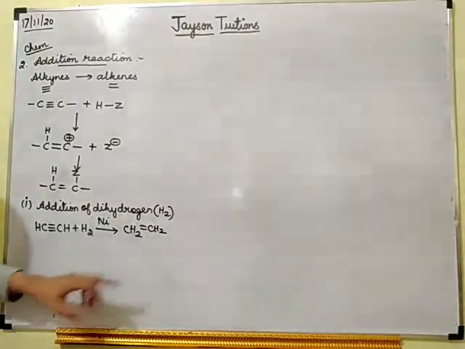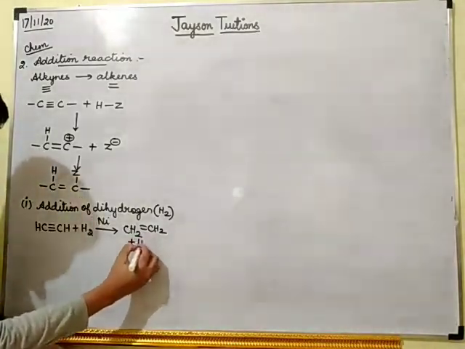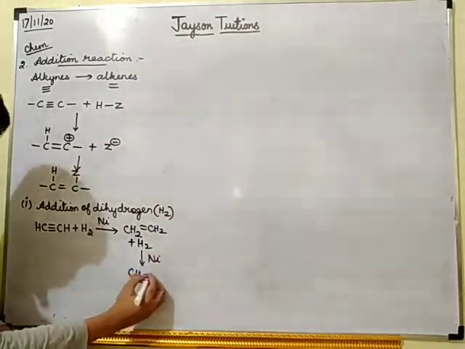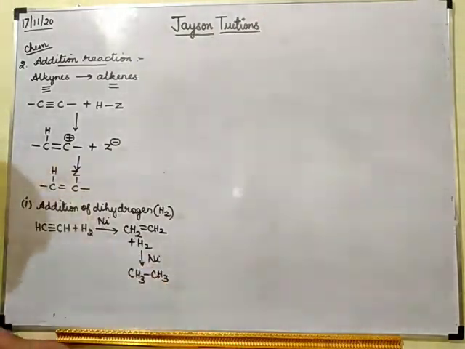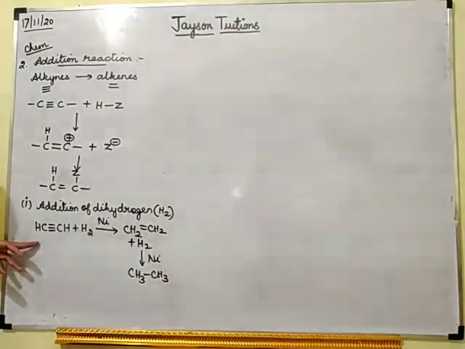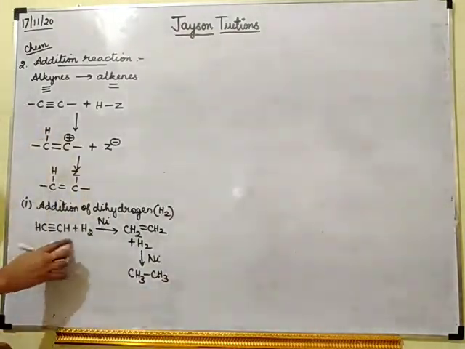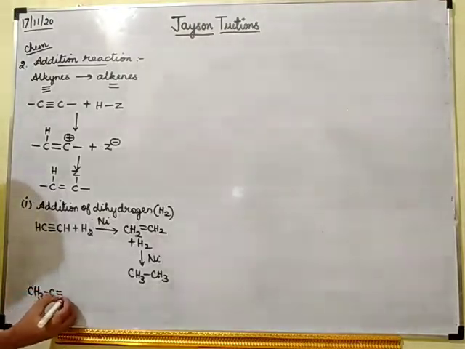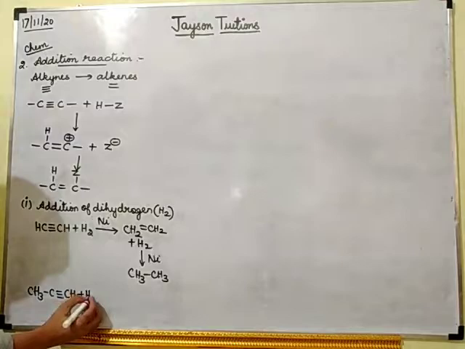Again, if this undergoes addition reaction, what you will get? CH3, yes, CH3 single bond CH3. Okay, so this is how it will take place. Can you write for propyne? CH3 C triple bond CH. What you will get?